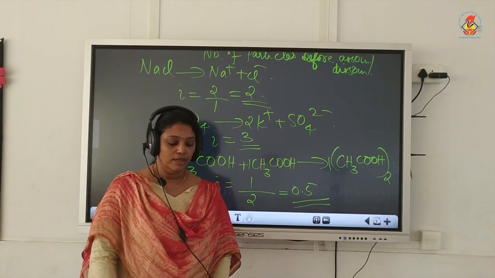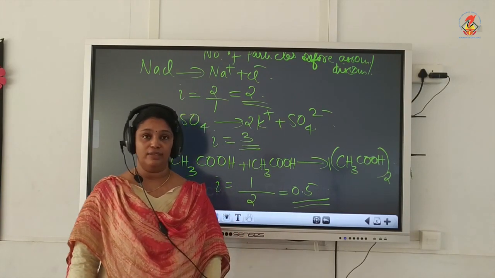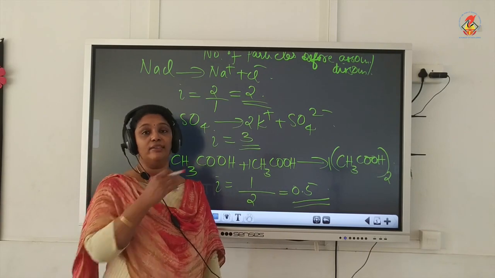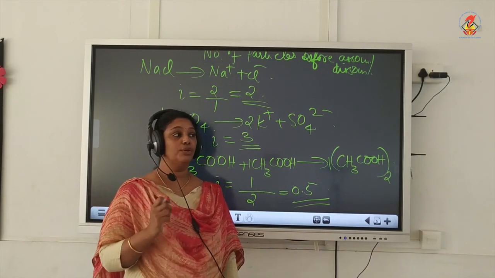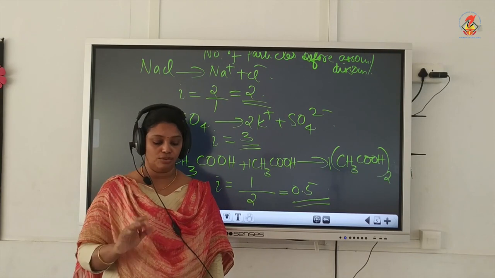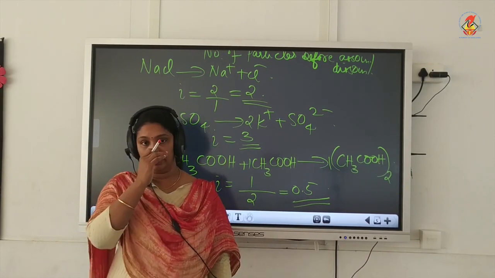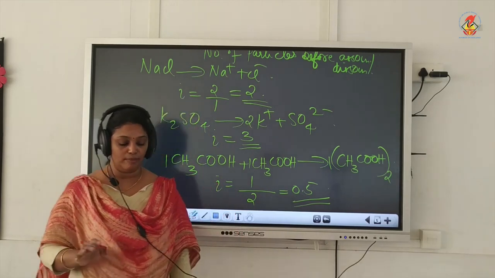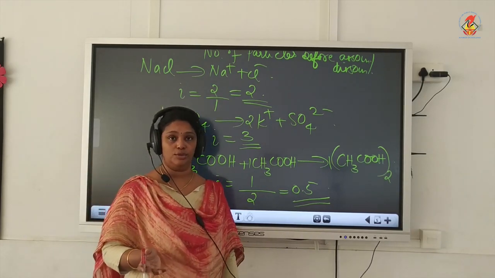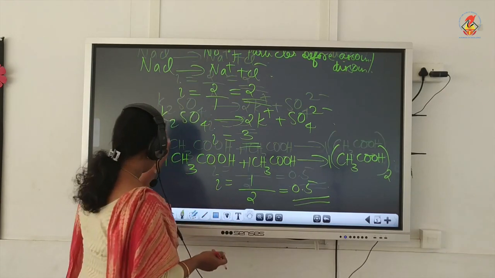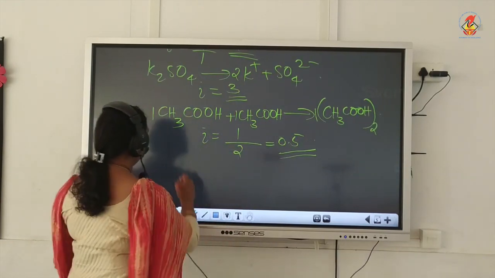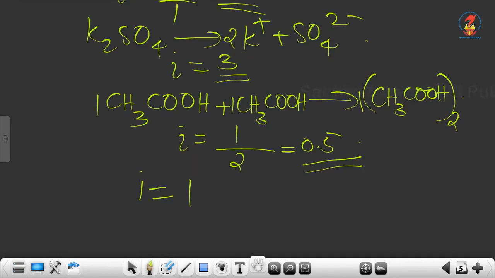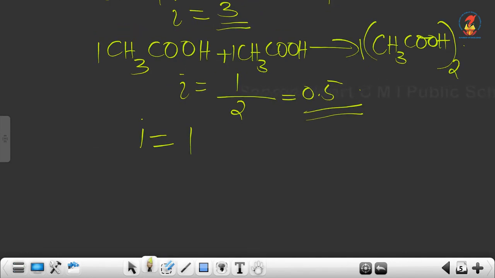Now next, by looking at the i value, we can predict whether the solute undergoes association, dissociation, or neither, meaning it behaves as a normal electrolyte. For that, if i is equal to 1, the solute behaves as a normal electrolyte, meaning no association or dissociation.